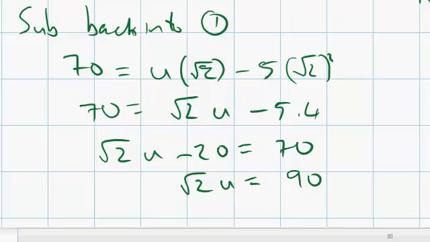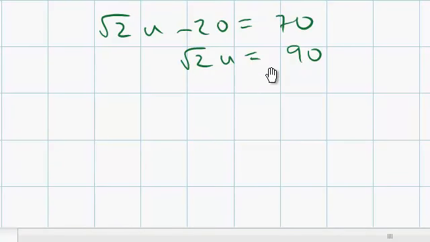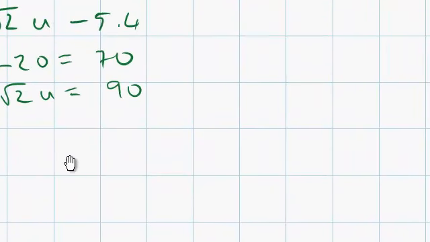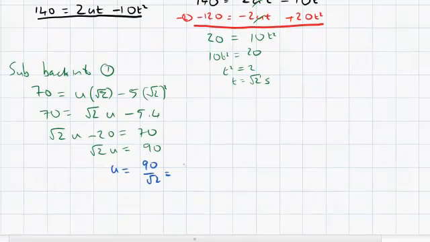Or u is equal to 80 over root 2, which is 40 times root 2 over root 2 times 2. Two over root 2 is the same as root 2. So you get 40 root 2 meters per second, and that's the answer.